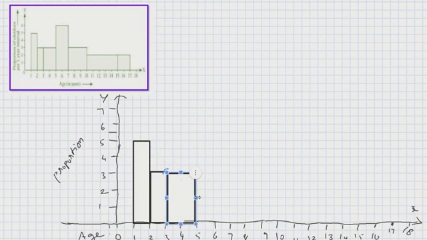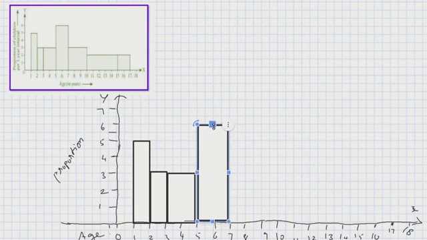Then the next one, 5 to 7, 6. Okay, 6 is here, so up to 6 I marked.